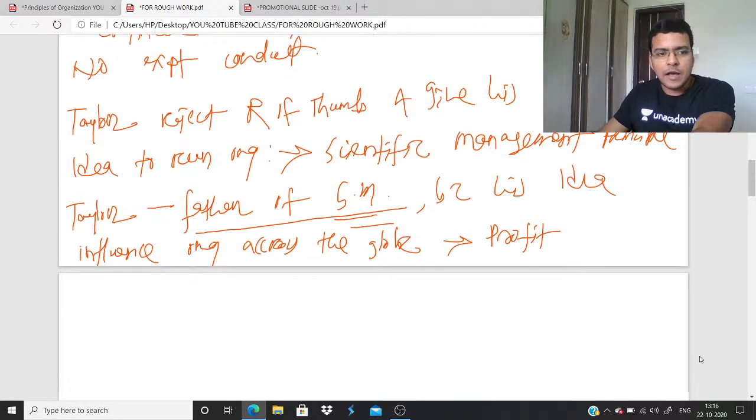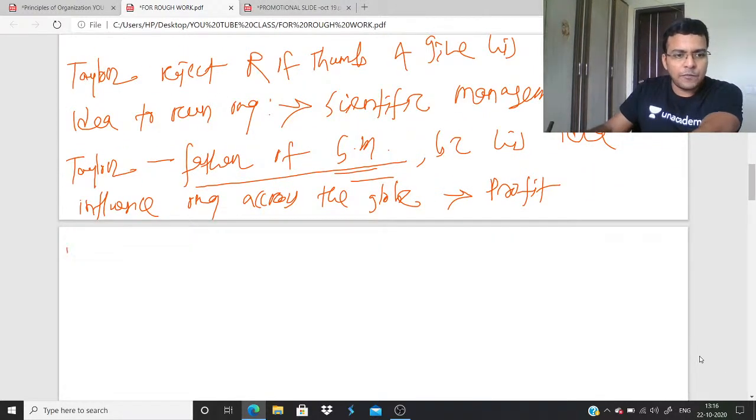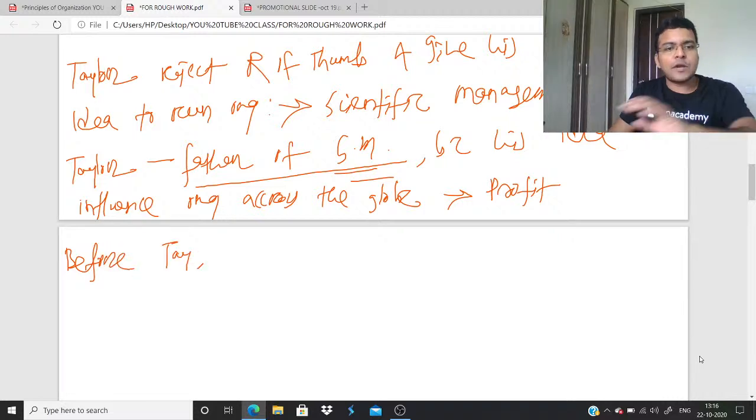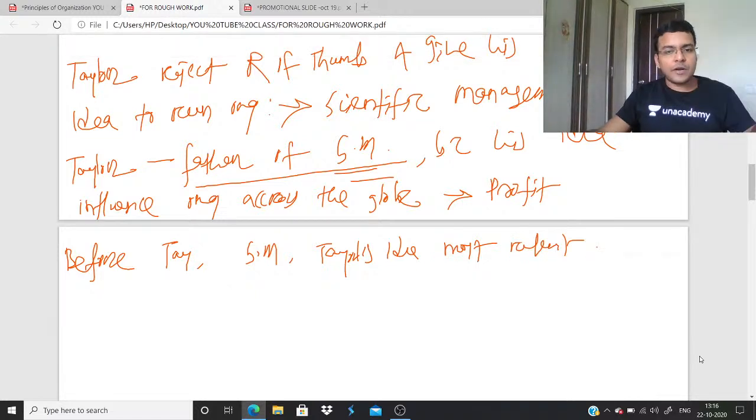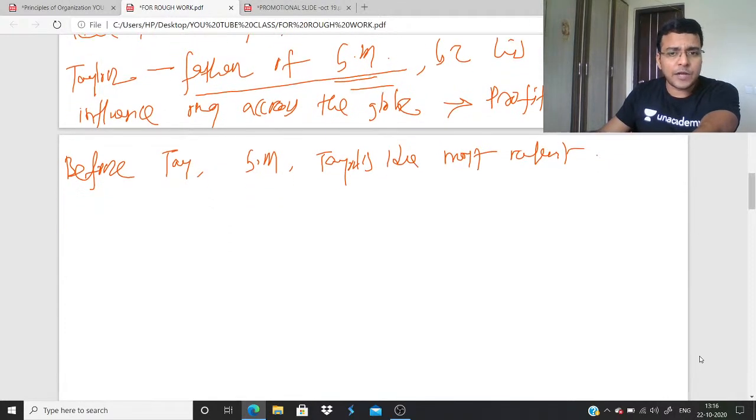After that you write that before Taylor many other theorists gave their ideas on scientific management, but Taylor's idea is the most relevant, so he is known as the father of scientific management. Try to remember all these things: why Taylor is known as father of scientific management.